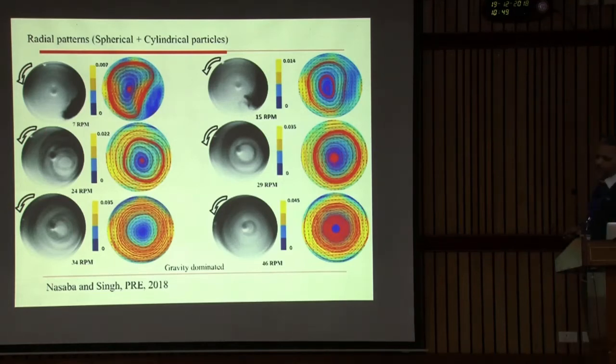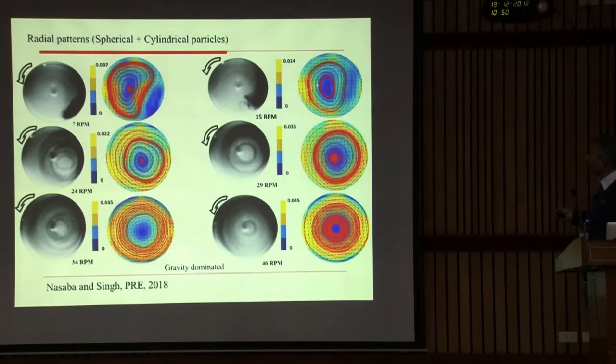This was not observed when you have spherical particles, both spherical floating as well as sedimenting. So you can see these multiple rings formed by the cylindrical particles persist for some RPM. And these floating particles get sucked into the space left by the cylindrical particles and come to the core. As a result, you can see that most of the floating particles are rotating on this side.